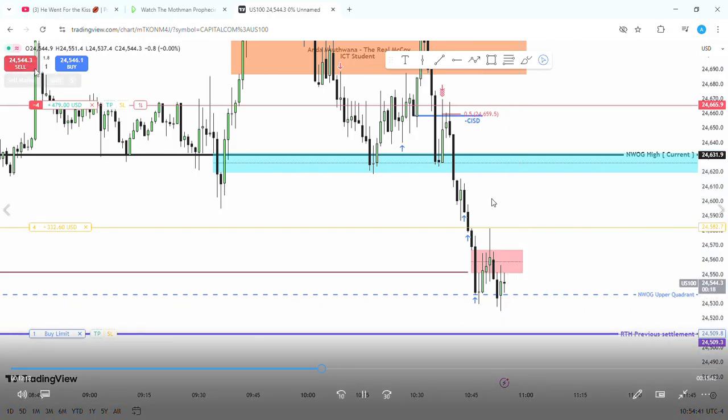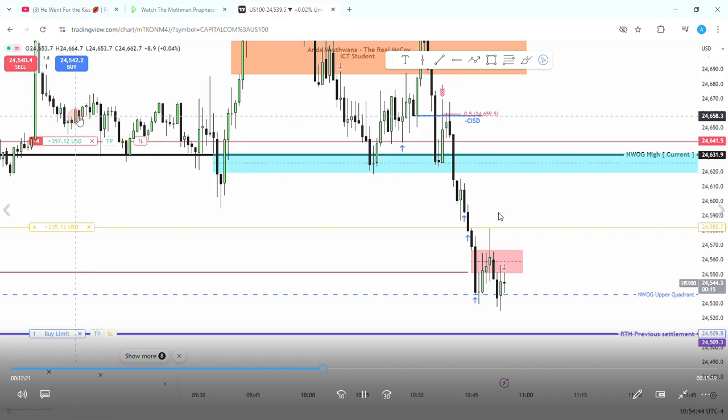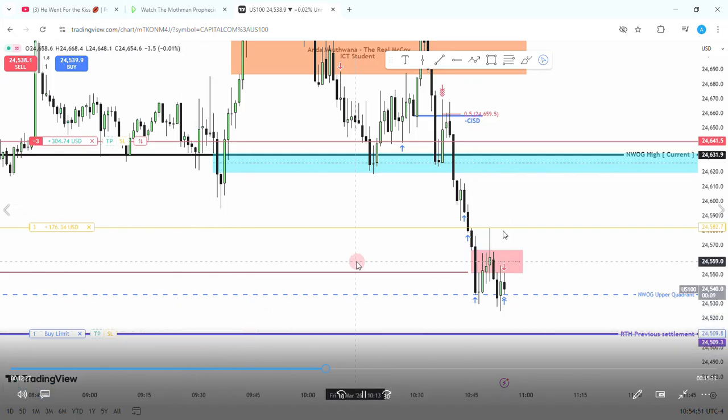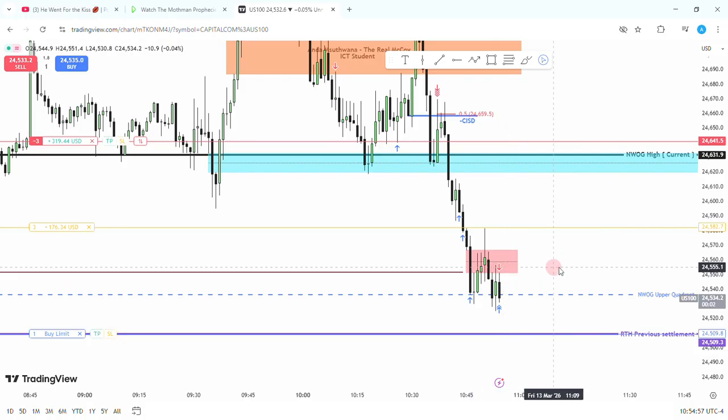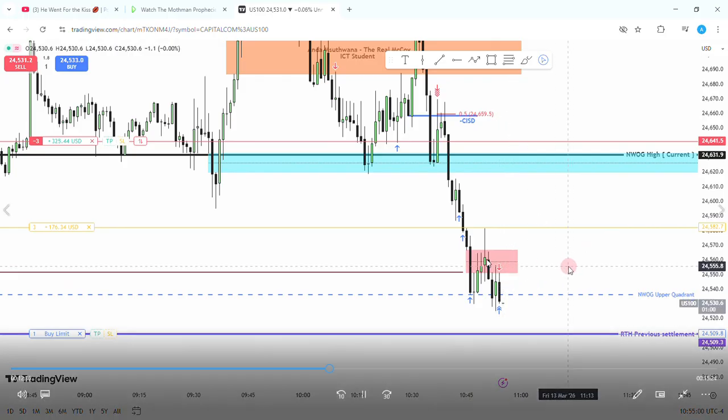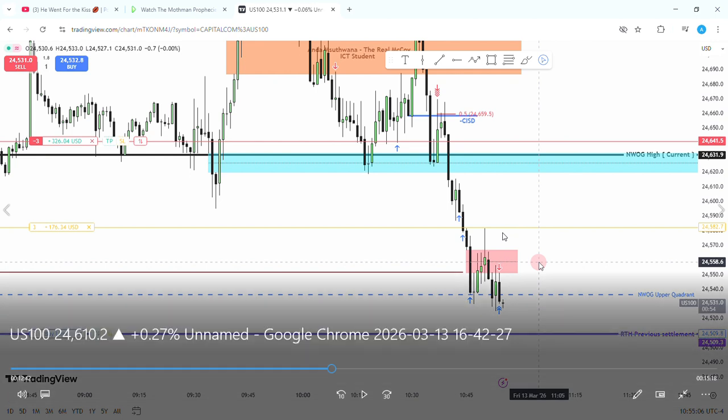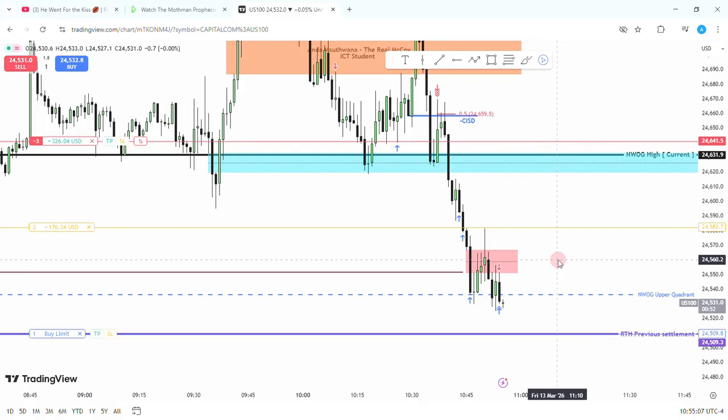ICT likes coming up with these terms, so he classifies that as a mohawk. Those imperfections, those fluctuations, those damages that price does in the marketplace, the wicks, those are mohawks. And so again, I've taken a partial, squeezing the trade as much as I can to get something out of it, so that I don't suffer any losses.